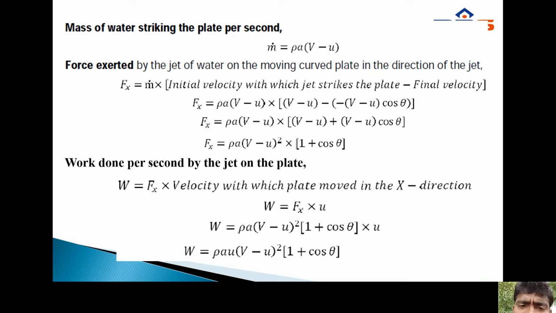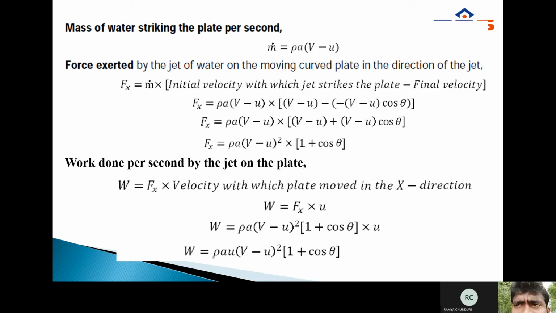Therefore, F_x is ρa(v − u)² (1 + cos θ). Next, the work done per second by the jet on the plate: W = F_x times the velocity with which the plate moves in the x direction, which is u.